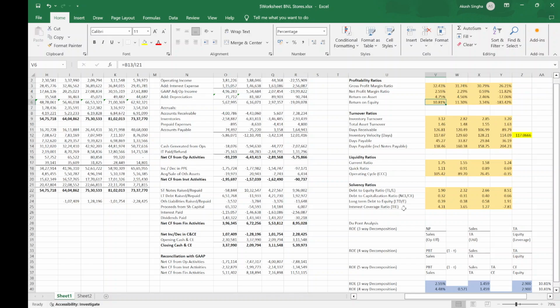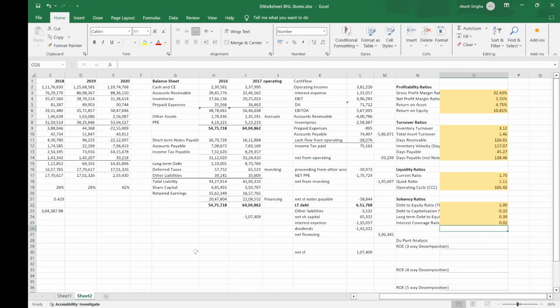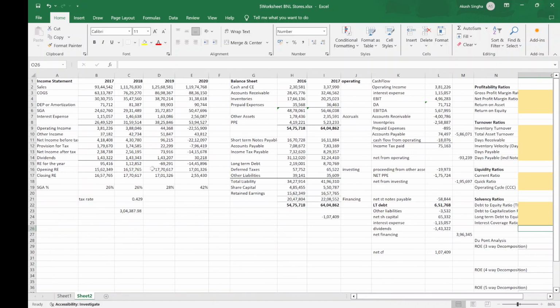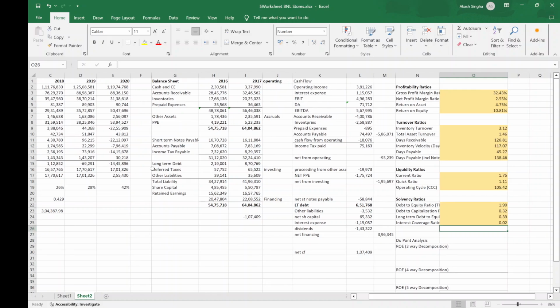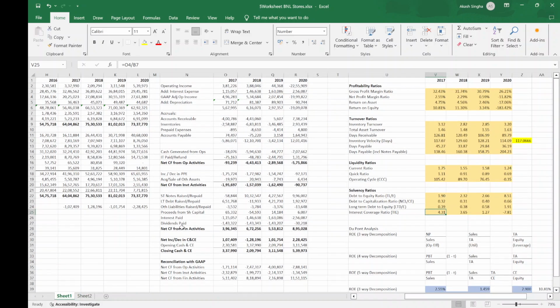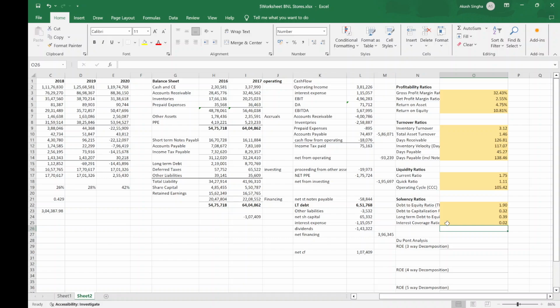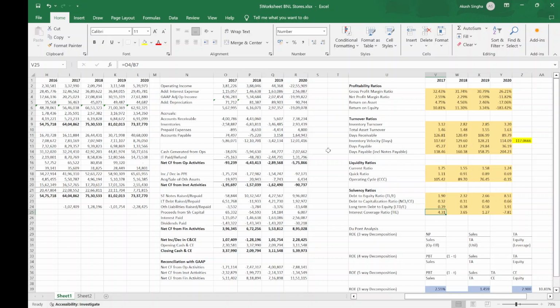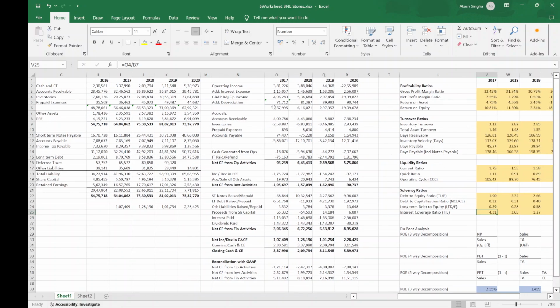Okay. Yeah, that I think it is. Let's check. It's O4 by V7.